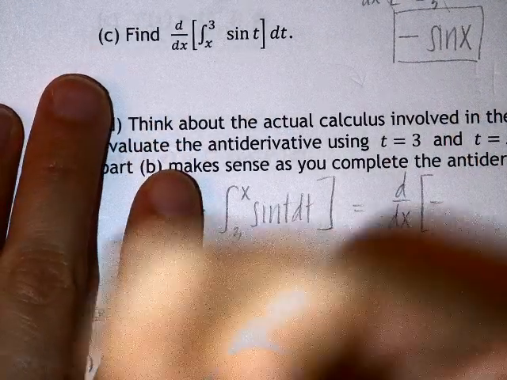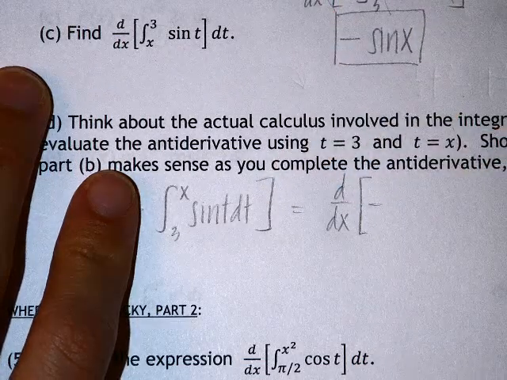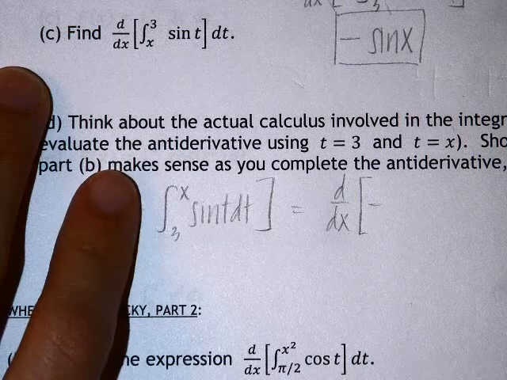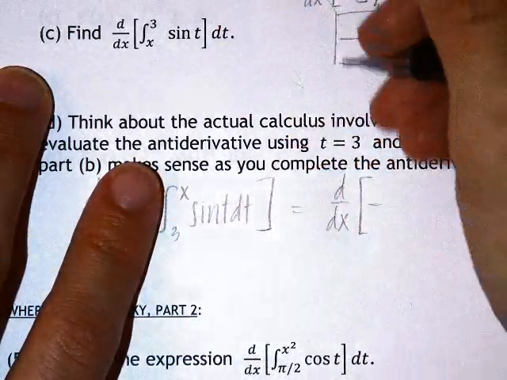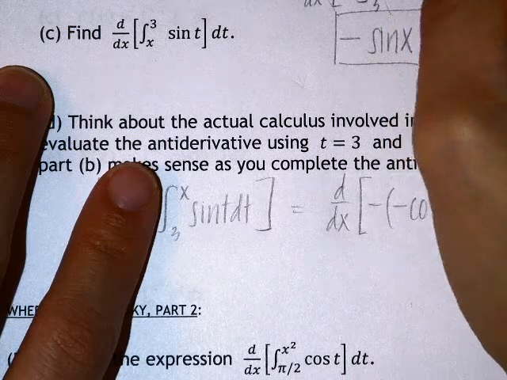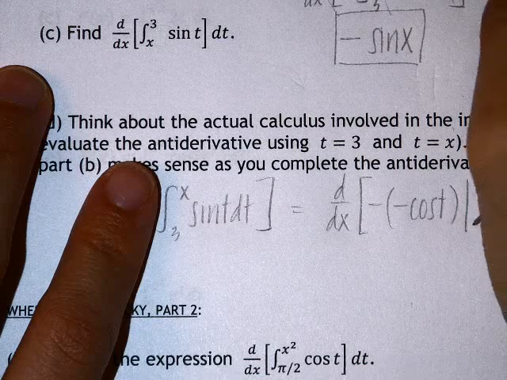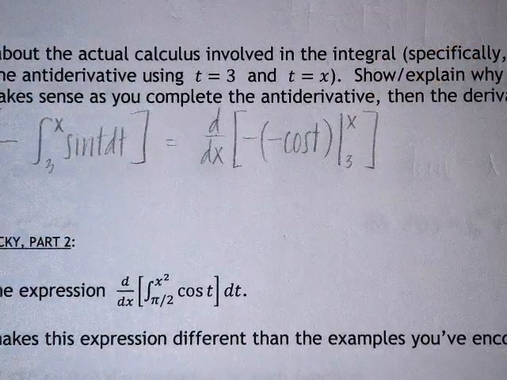And I would have to do the integral of sine t dt to be able to finish this problem. So I'm going to do that right now, and I'm just going to make this happen quickly. The integral of sine is negative cos t evaluated at x and 3. So that's still just basic rules of antiderivatives.